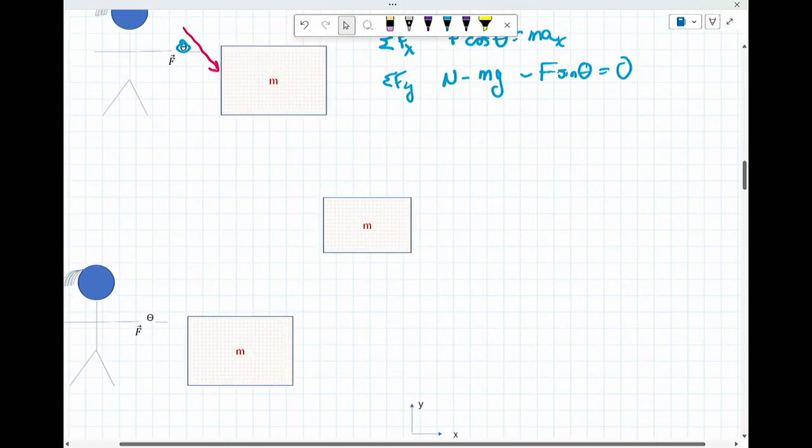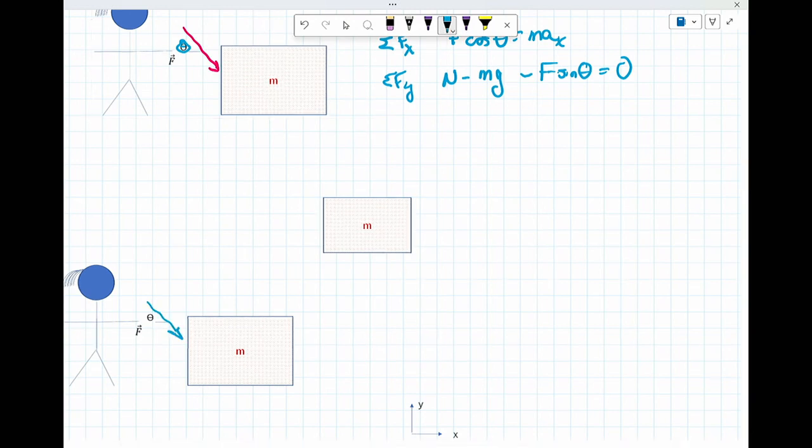We can do the same thing again, where the person is now applying that force, but we also have a friction force. And a friction force is going to be something very common that you deal with, and you'll have a force of friction acting on the body, you'll have normals and all the rest.